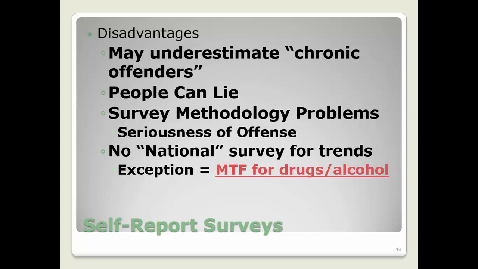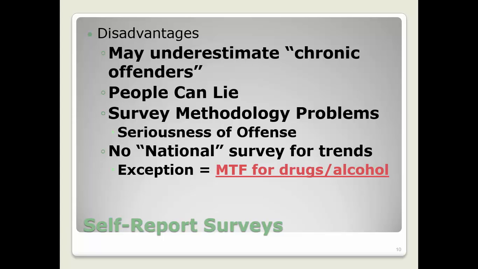If I've guaranteed anonymity or confidentiality, and I know that somebody in my class has killed somebody, it creates ethical problems. So because of those reasons, we tend to ask about less serious forms of crime: truancy, drinking, drug use, theft, those sorts of issues. And the concern is that it's two different domains, right? That's different than armed robbery or homicide.